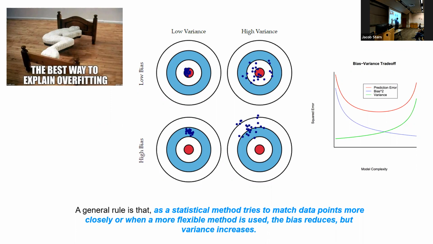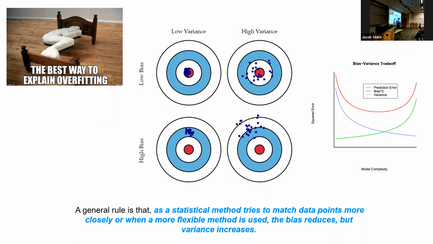And so a model with low bias and high variance will produce predictions that are clustered very close to the true values and tightly clustered. A model with high bias and low variance will produce predictions that are tightly clustered but shifted. High variance will make predictions that are generally scattered but are centered at the correct point.